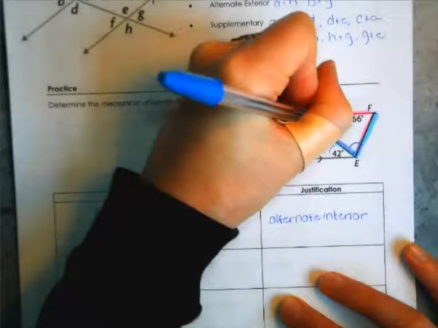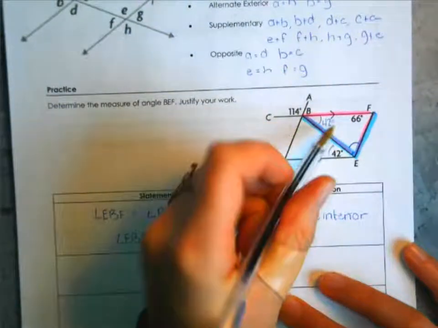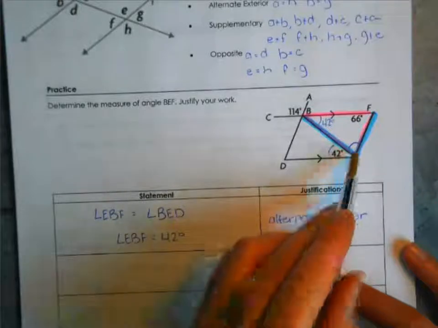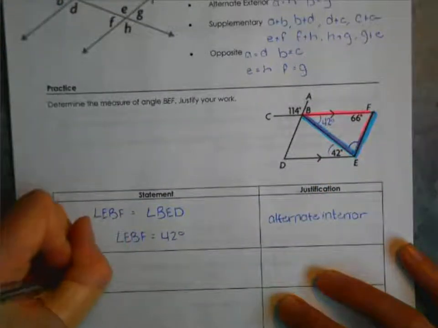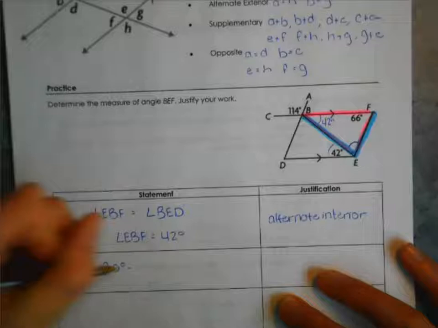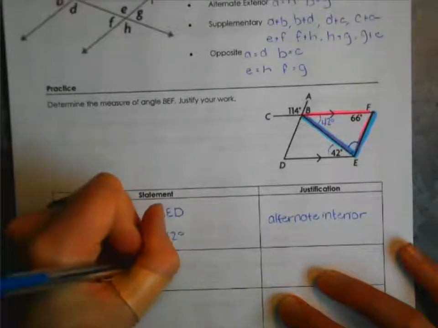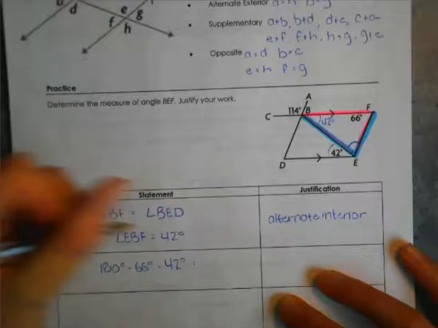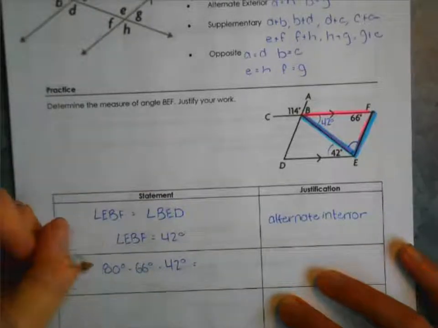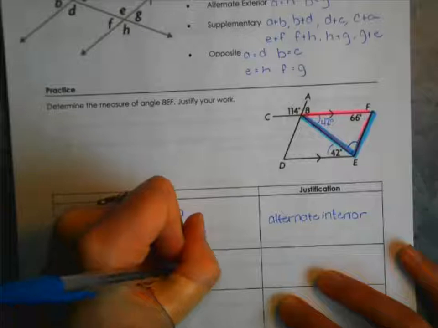And then, like I mentioned before, since we already know that this shape here is a triangle, now we know two other angles, so we can solve for this one by doing 180 degrees minus 66 degrees minus 42 degrees, which is going to be equal to 72 degrees.